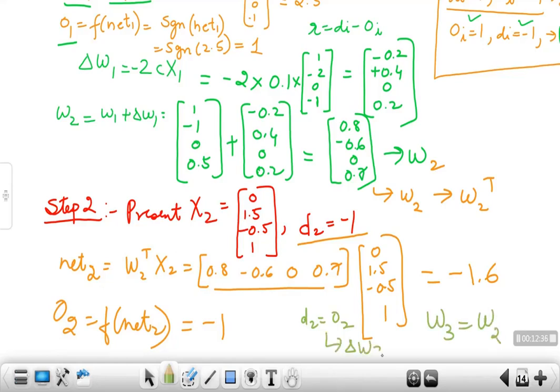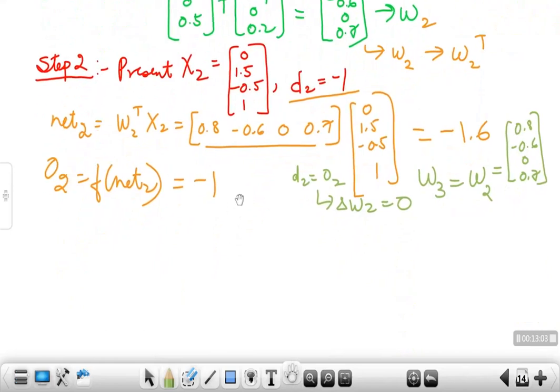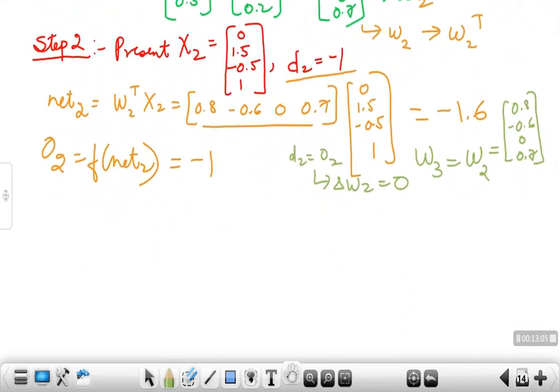F net 2 is therefore minus 1, because it is sign of net 2. So d2 is minus 1 and O2 is also equal to minus 1. So d2 is equal to O2. Therefore, W3 is same as W2 because delta W2 will be equal to 0.